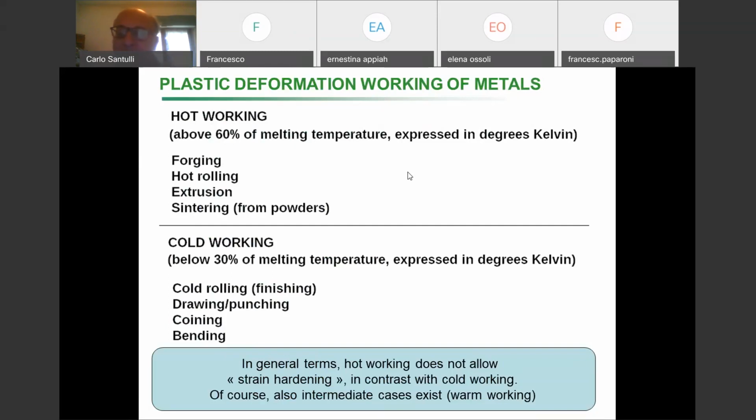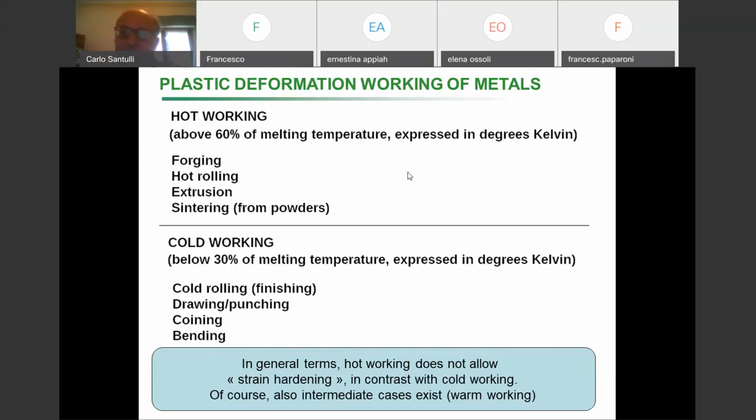Hot working instead involves a huge modification. We may transform, for example, a bar, an ingot, into a roll. That's substantial. It changes the shape completely. You pass from a sort of tetragonal shape to a real flat sheet. You have forging, which is also used whenever metals have an ornamental sense, so in architecture it's used a lot.